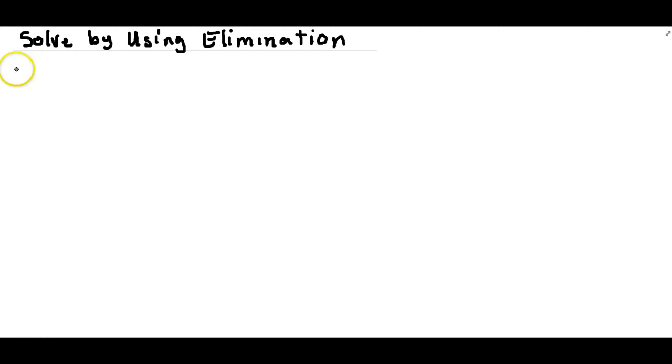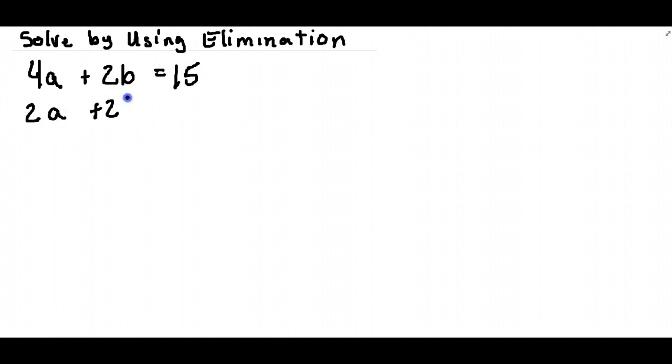So if we have two equations, the first one is 4a plus 2b equals 15. And the second equation is 2a plus 2b equals 7.